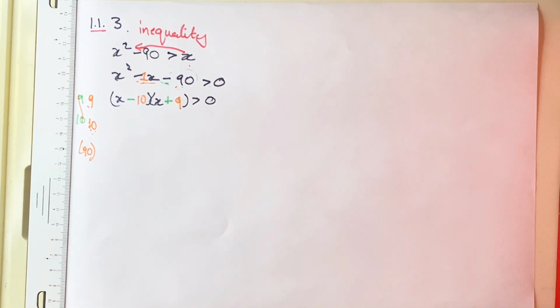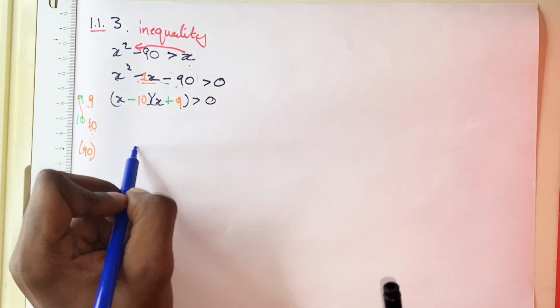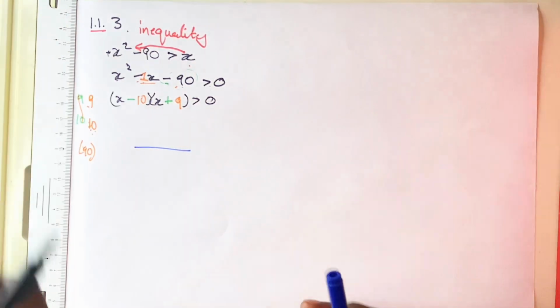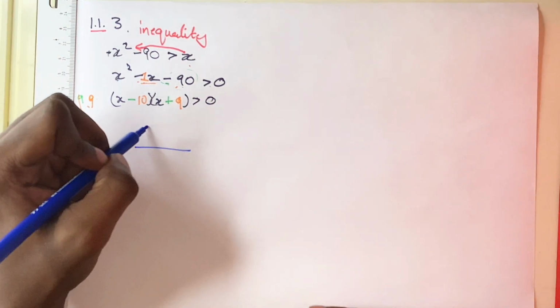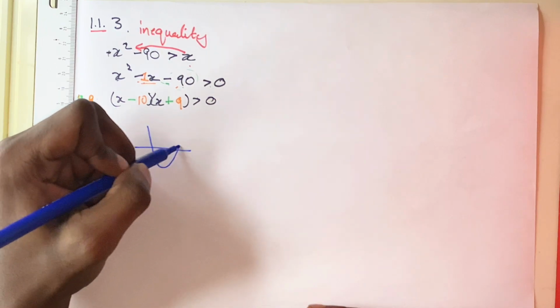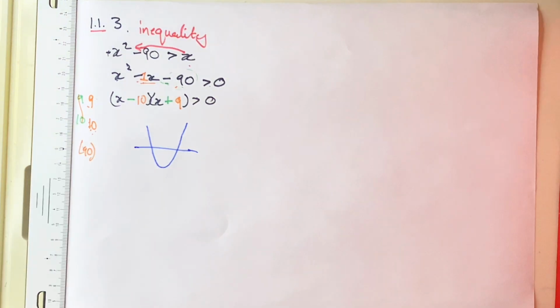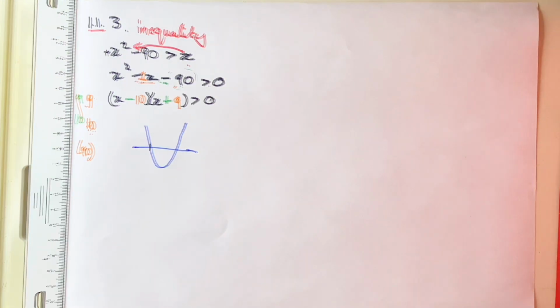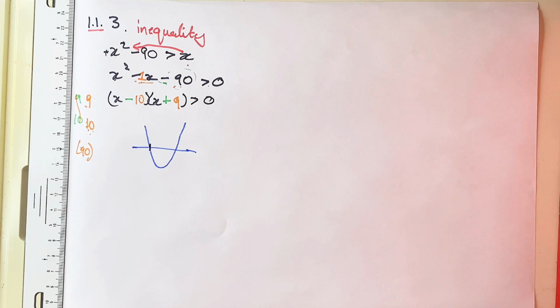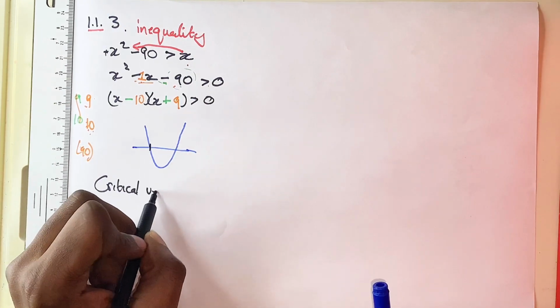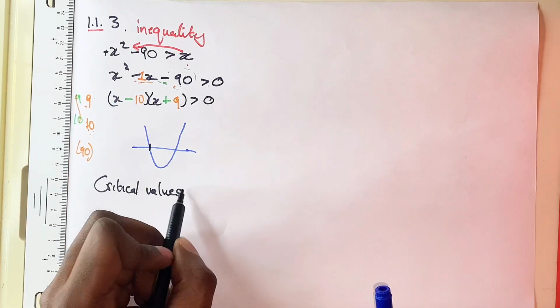The next thing that we're going to do now is draw a quadratic function. You know that a here is positive, so our quadratic function will be concave up. You just draw it like this. That will be sufficient. So after you draw this, you must find what we call critical values.